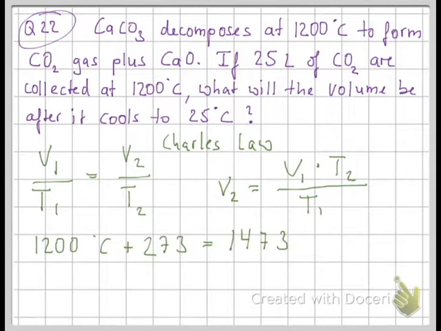1473 degrees Kelvin, and then the other one, after it cools to 25 degrees, is T2. So 1473 is T1, and T2 equals 25 degrees Celsius plus 273 equals 298 Kelvin.